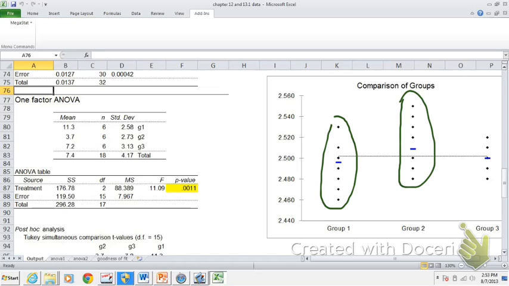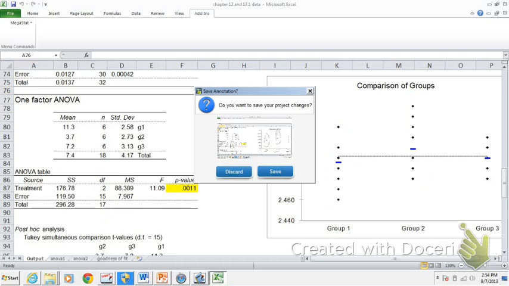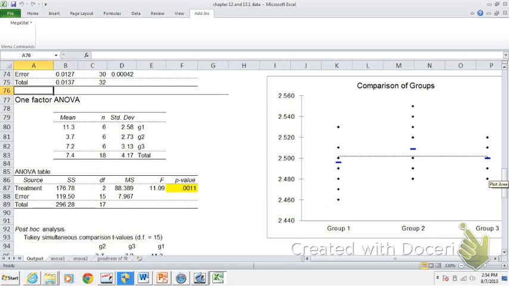And like I said, don't worry too much about the degrees of freedom. You are noticing that there were 3 groups and 3 less 1, the treatment. So the degrees of freedom for the treatment group are the number of groups, G1, G2, G3, minus 1, so that's where that 2 is coming from. And then if you look at the actual data, you're probably wondering where the 15 degrees of freedom under error.